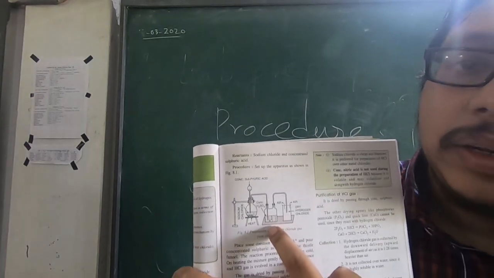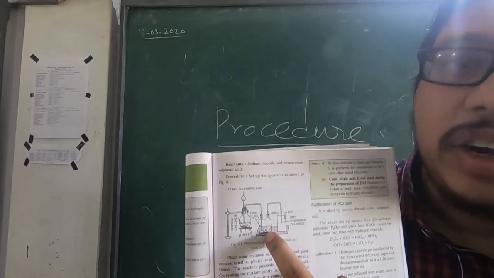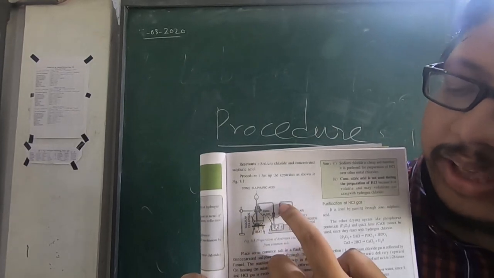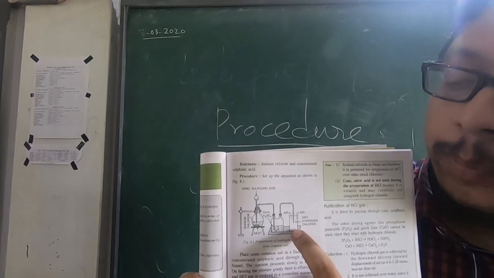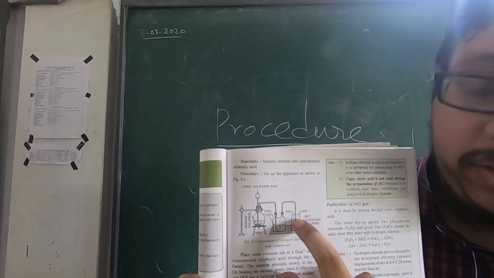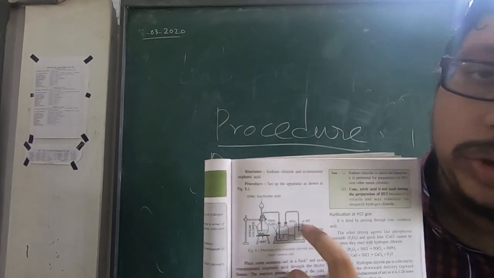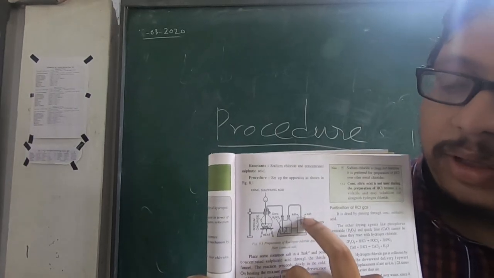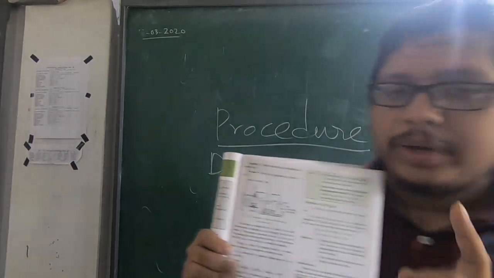Because concentrated sulfuric acid is a drying agent, it will make it dry, and the HCl gas will pass through this delivery tube and enter the gas jar, where, since HCl is heavier than air, it will fall downwards and the air will be pushed out. Okay, air will be pushed out and we will have this container full of HCl. Let me explain this a little bit with details now.